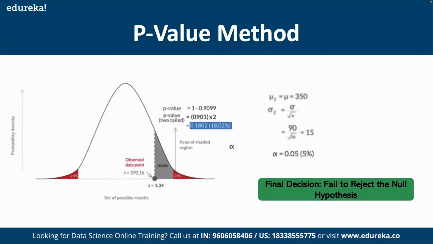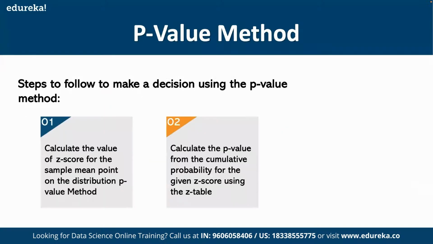In the p-value method, the steps that we follow in hypothesis testing are: first, we calculate the Z score for the sample mean point on the distribution. Then we calculate the p-value from the cumulative probability for the given Z score using the Z table.